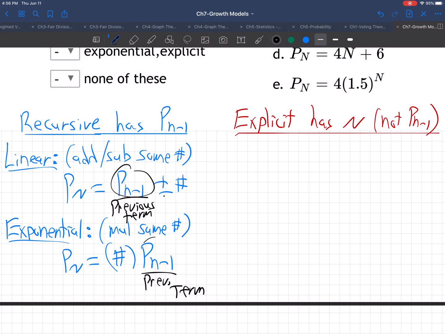P sub n minus 1 is the term before, the previous term. So for linear, first off, it's saying any term is the previous term, add or subtract a number. Whereas exponential is saying any term is the previous term multiplied by a number, because you're multiplying the same number every time.